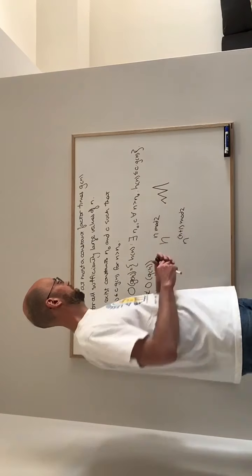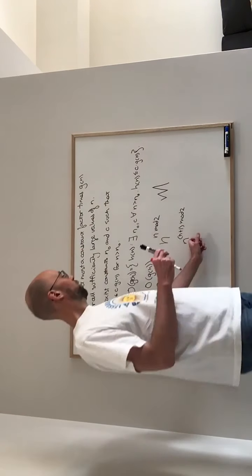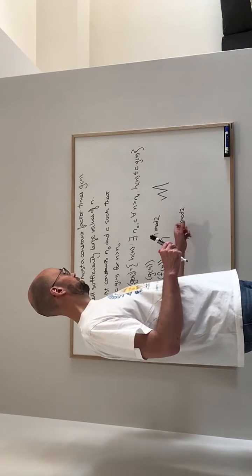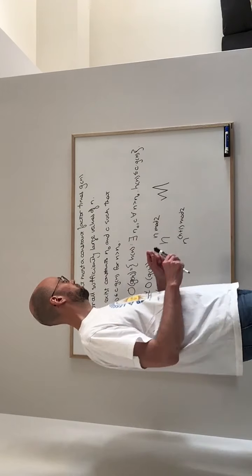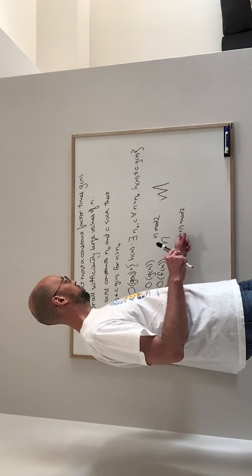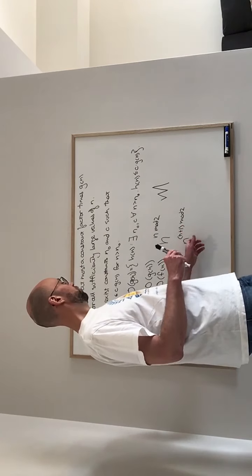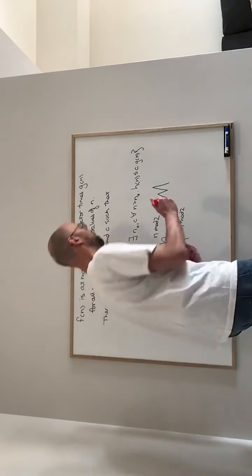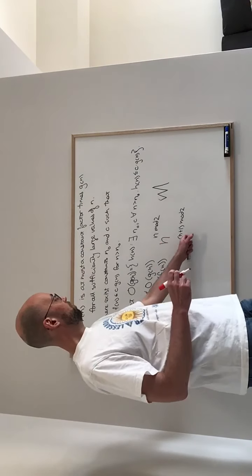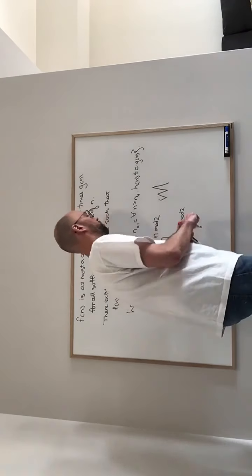So 1 to the 1 plus 1 mod 2 is 0, so this is 1 to the 0, which is 1. Now 2 to the 2 plus 1: 3 mod 2 is 1, so 2 to the 1 is 2. For 3, this is 4 mod 2, which is 0, so 3 to the 0 is 1.